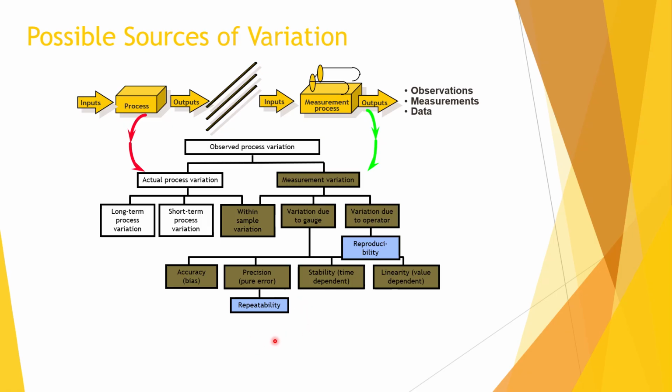That means we're going to have a hard time with repeatability, producing the same data points over and over when measuring the same item. So honestly, you only want pure error.